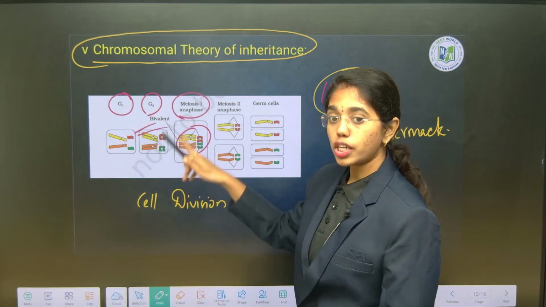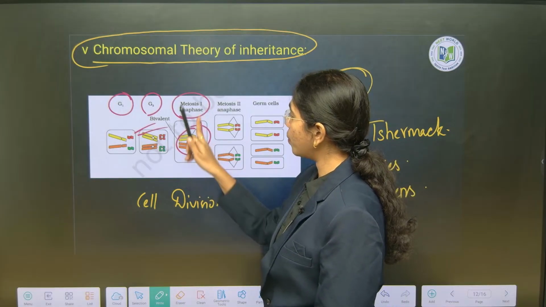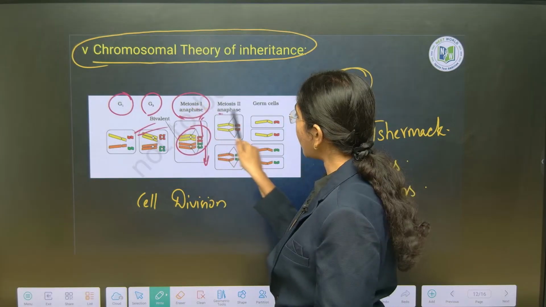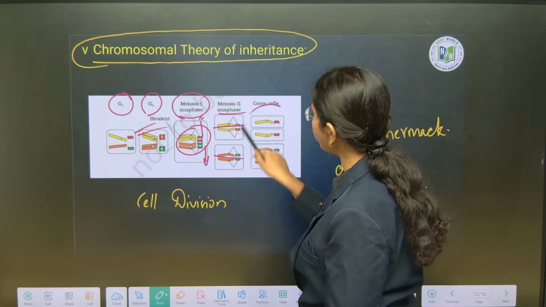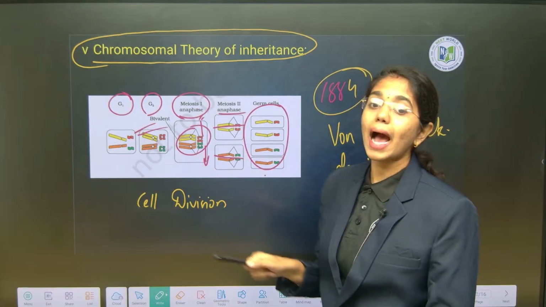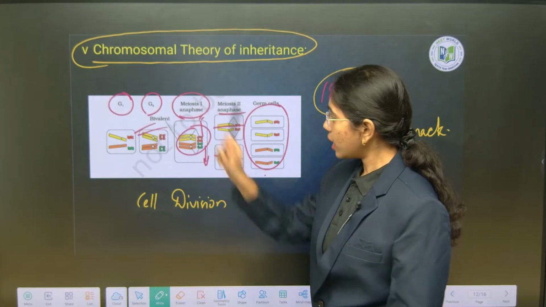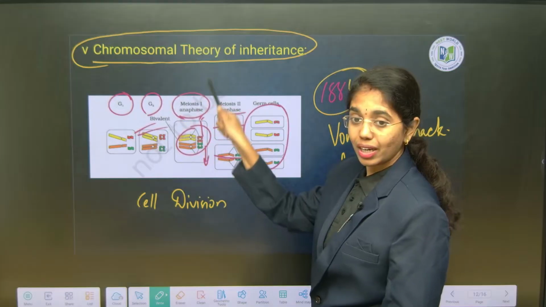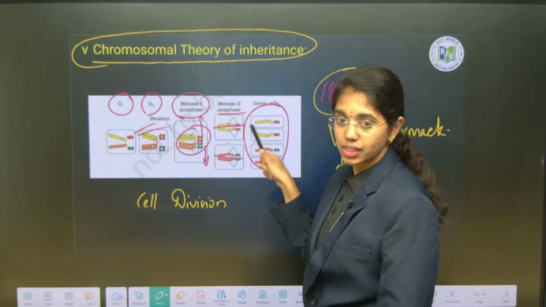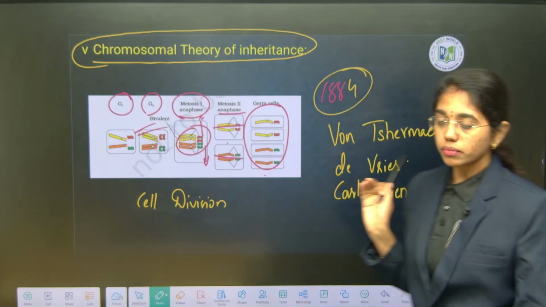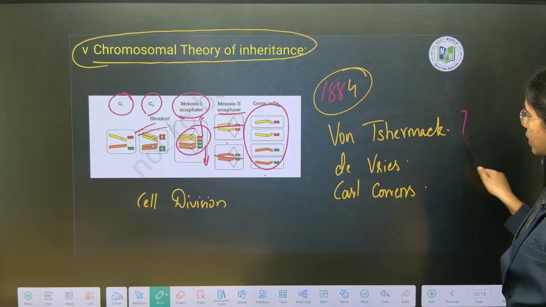In meiosis 1 anaphase, chromosomes will segregate apart, and in anaphase 2 chromatid splitting takes place. That is how 4 germ cells are formed which are haploid. Clear, right? G1, G2, meiosis 1 zygotene, meiosis 1 anaphase, meiosis 2 anaphase and germ cells. So, this is the rediscovery of Mendel by 3 scientists.